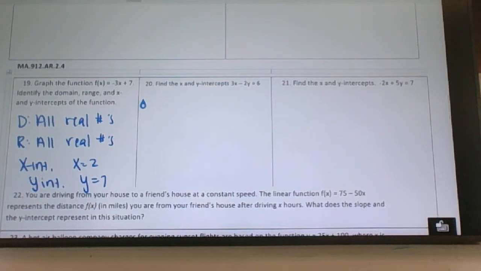Alright, so that's what we're going to do on 20. We're going to just find the intercepts. And this is how you do it. To find intercepts, for an x-intercept, you put a 0 on the y spot.